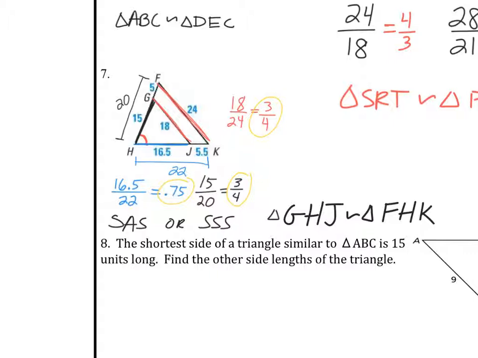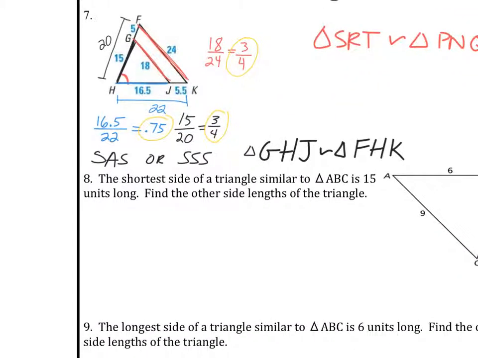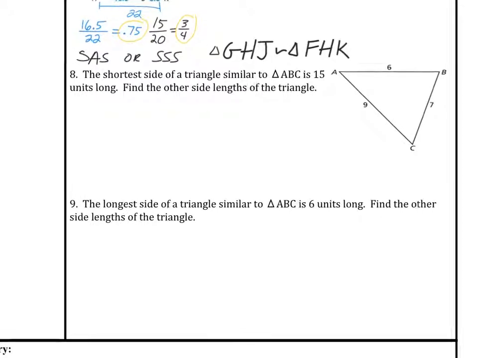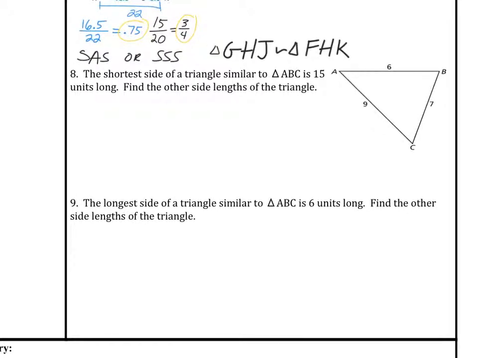Okay, I'm not going to talk through the entire last two problems. We're going to talk about how to set them up, and then I'm going to have you solve for the rest. So for numbers 8 and 9. For number 8, it says the shortest side of a triangle similar to ABC, that's the one listed on the picture to the right, is 15 units long. So draw a triangle that obviously looks similar.